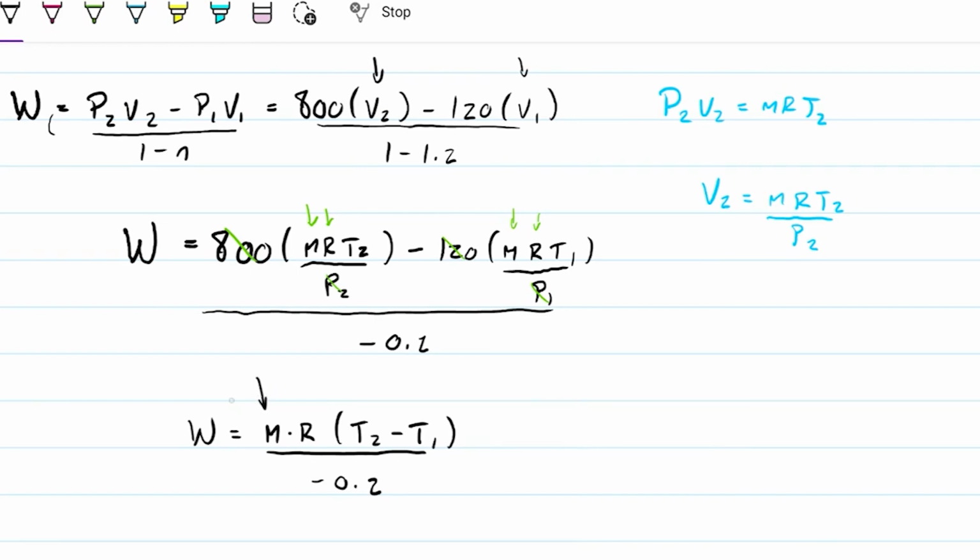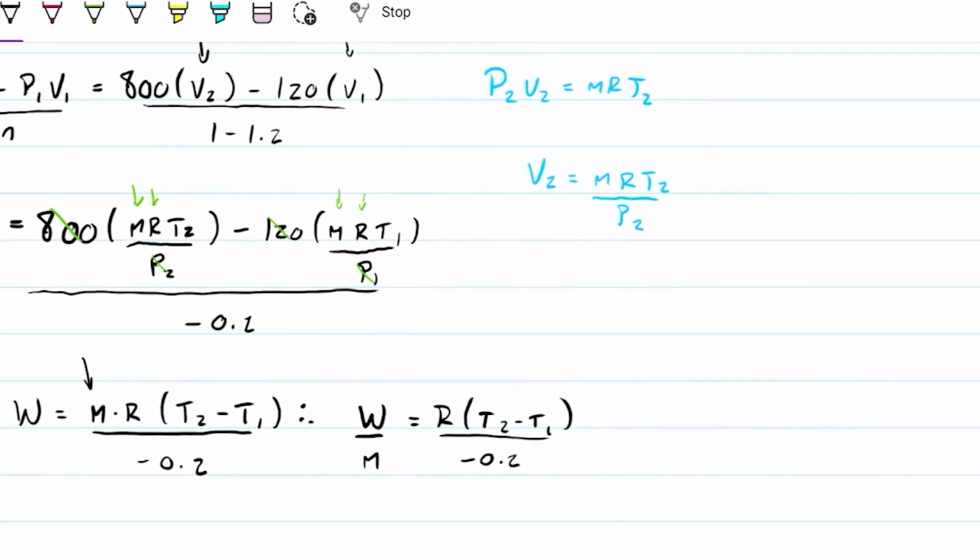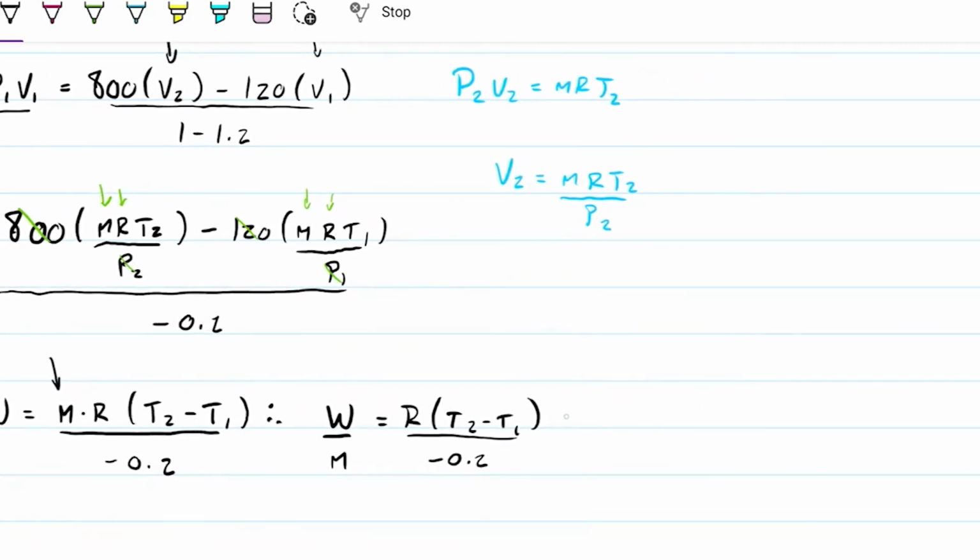So instead of getting my answer in joules, I'm going to get joules per kilogram. So work over mass will be equal to R times T2 minus T1 divided by 0.2. Now we just need the ideal gas constant for argon, we have the temperatures, and we can find the work.